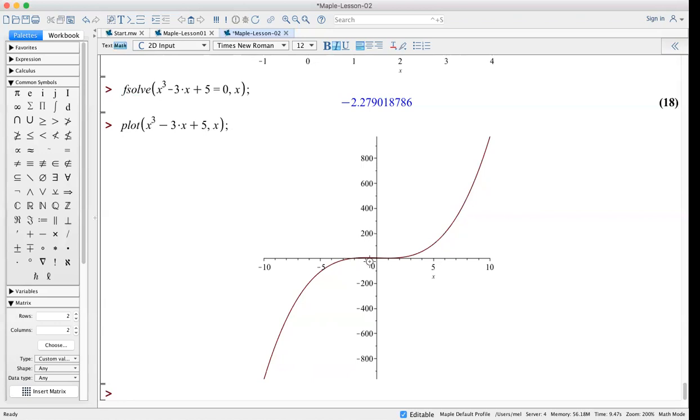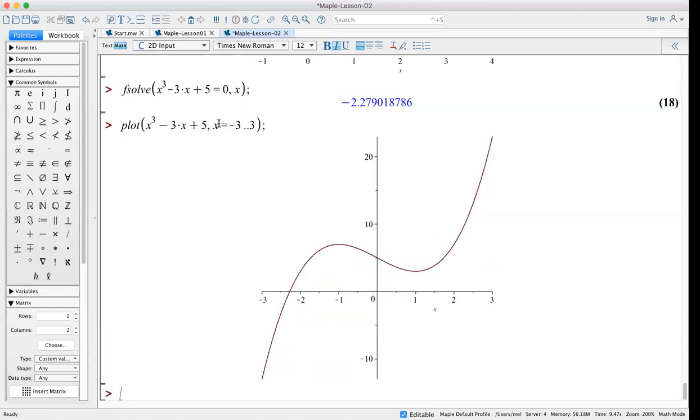Well, it's not clear what's going on. I mean, it crosses the x-axis at least once. Let's blow this up a little bit. Let's graph this from x going from -3 to +3. So now we see exactly this cubic really does cross the x-axis in just one place, and the place is at -2.2.